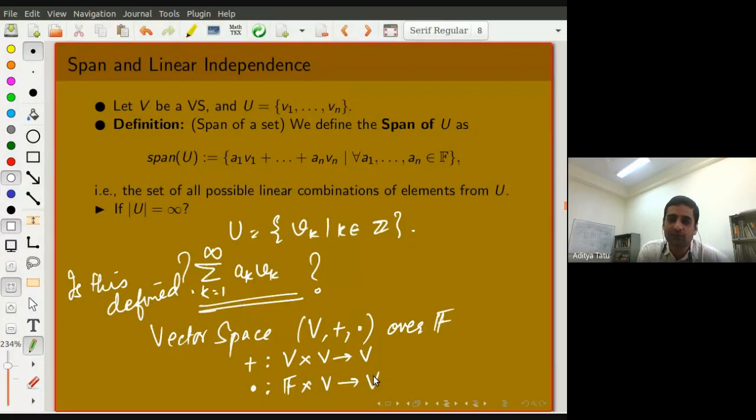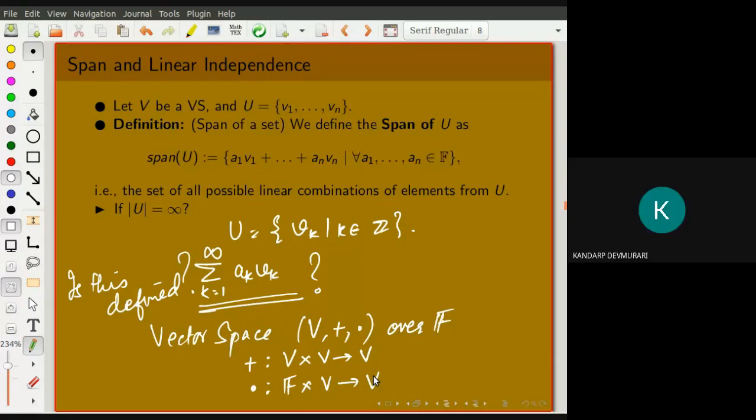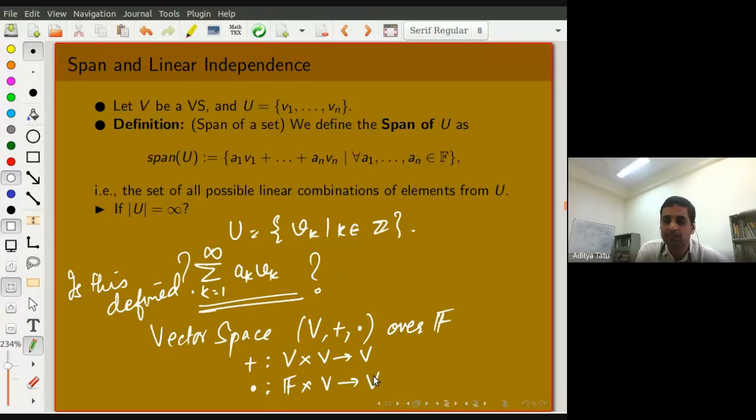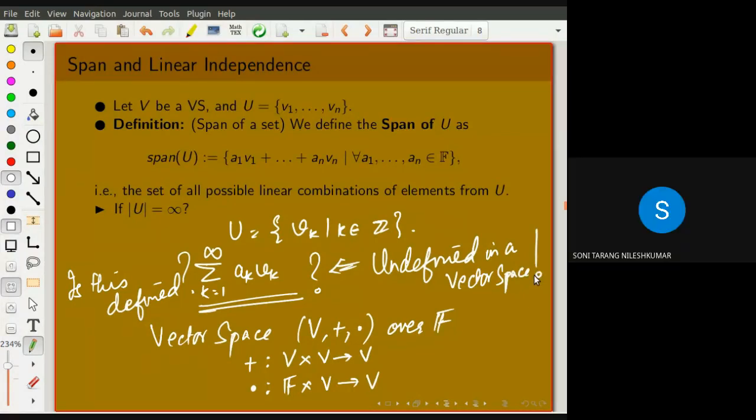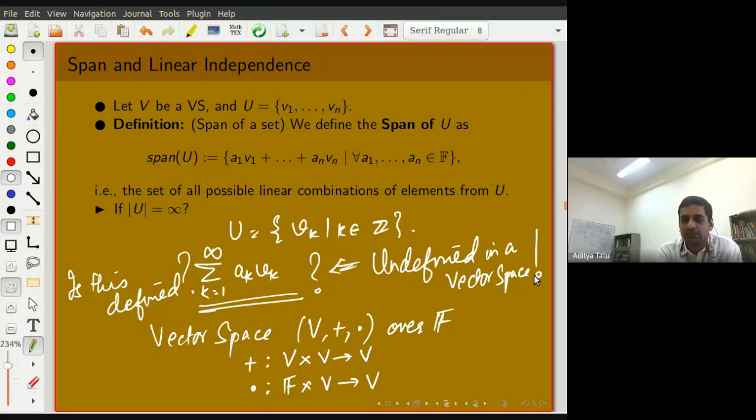Can you really extend it to infinite vectors? No, sir. So that is the issue over here. This is undefined in a vector space. We do not know the result of n minus 1 operations because n is infinite. It's not that we don't know, it's not even defined.